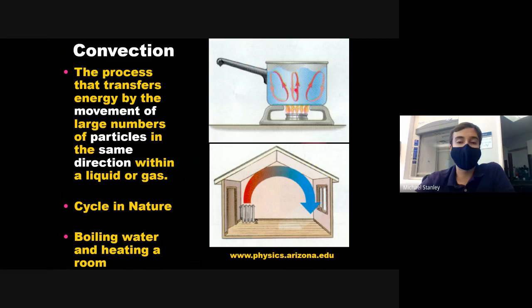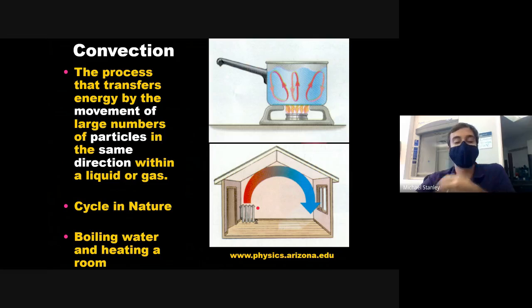It creates this cycle where the water gets warmed and comes up, then cools down and goes back and gets warmed, until all the water is heated up to the boiling point. So convection is essentially heat being moved through things like air or water through this kind of process.